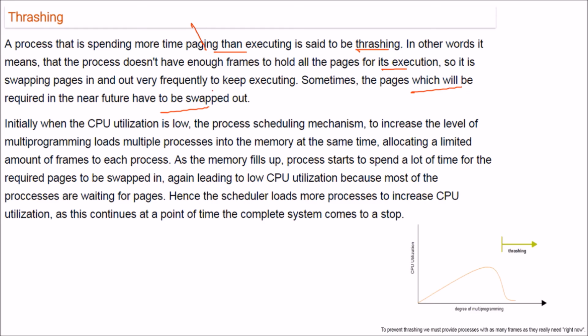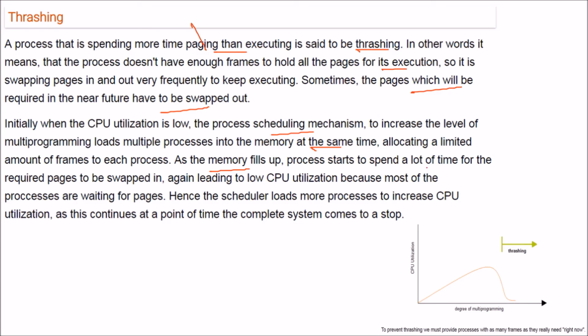Or you can say that the process doesn't have enough frames to hold all the pages for its execution, so it is swapping pages in and out very frequently to keep executing. And sometimes the pages which will be required in the near future have to be swapped out. You are aware that a page is going to be used, and you have swapped it out.